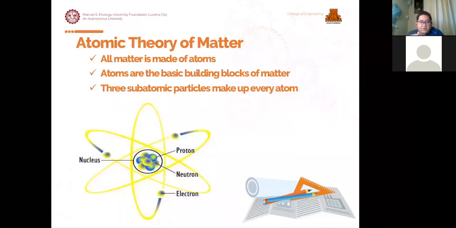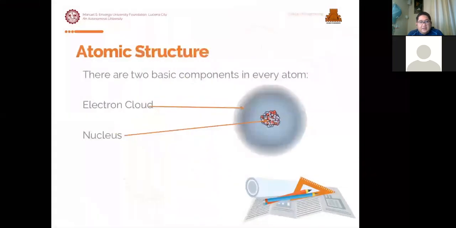So with these components, these are the subatomic particles na nagme-make up ng atom natin. Okay? So there are two basic components in every atom. So yun nga, yung nucleus, which is composed of proton and neutron natin, and electron cloud, which is doon nagpo-flow yung ating electrons. Okay?